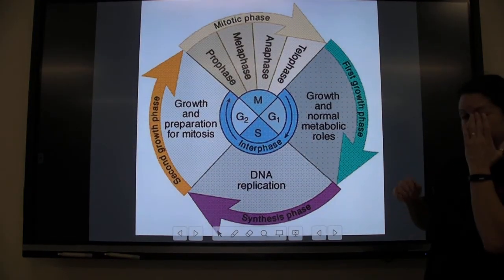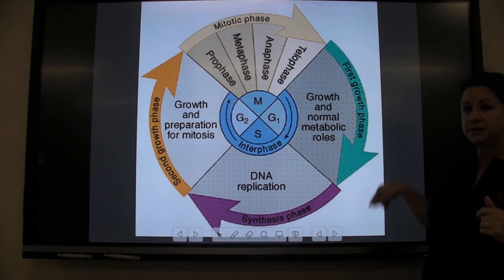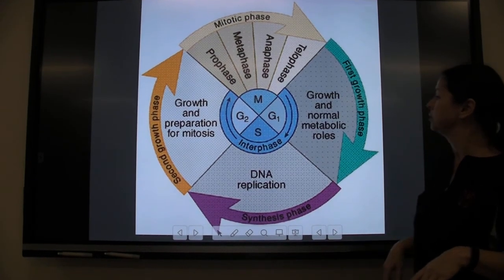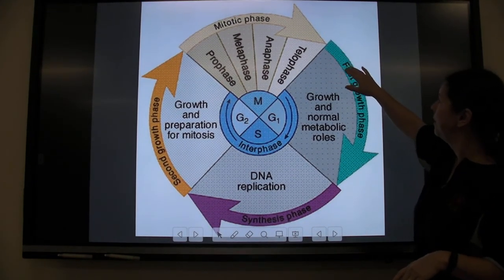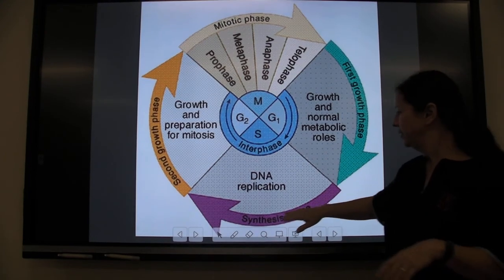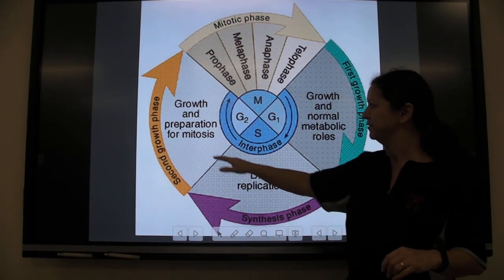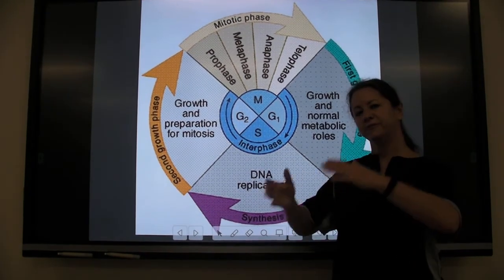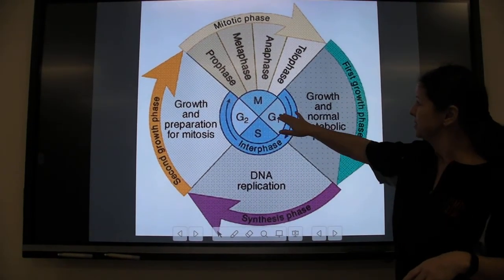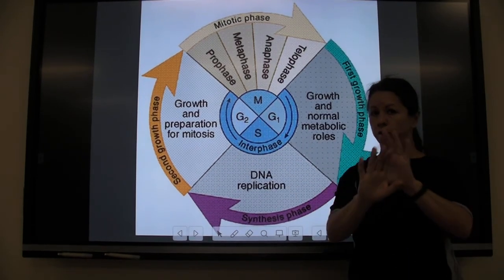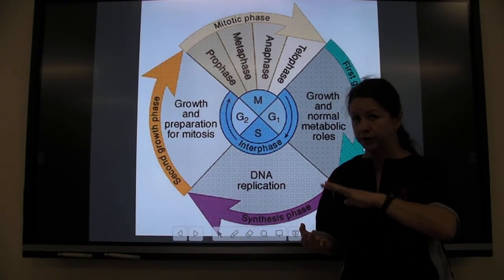So when you look at the whole thing, it is a constant cycle. That's why they draw it as a circle. You'll see that most of a cell's life is interphase. All of this is interphase. It's broken into different periods, this G1, S, and G2. You don't have to know that, I just wanted to show it to you.